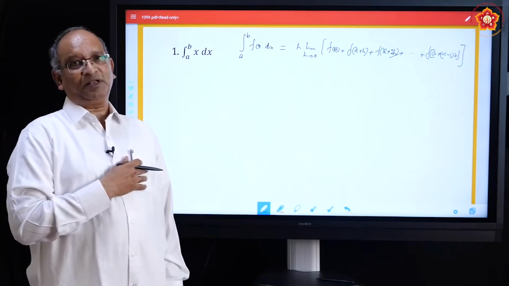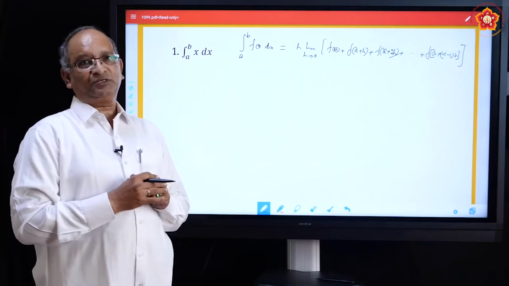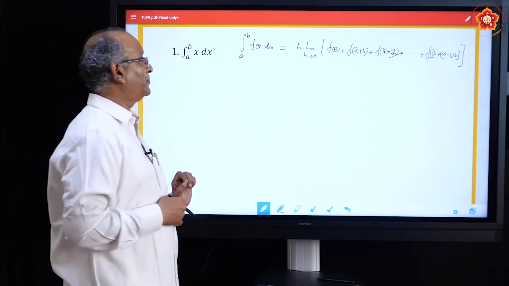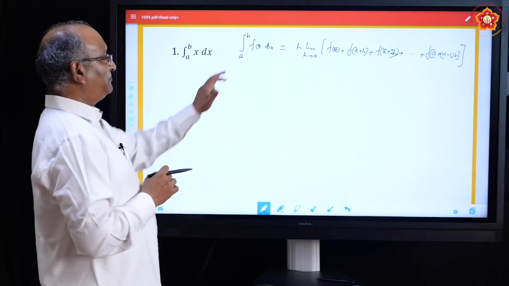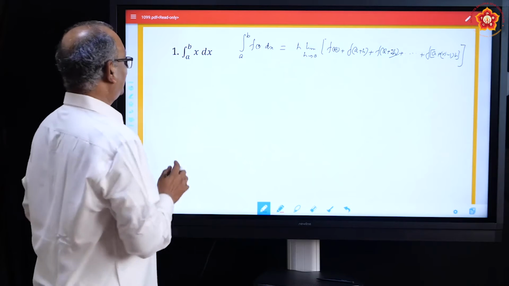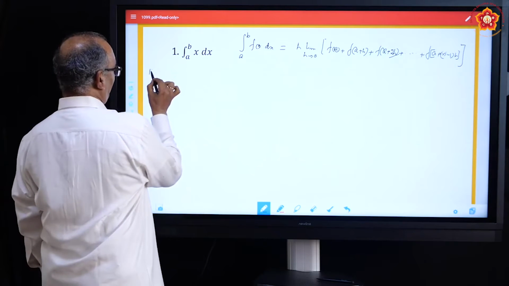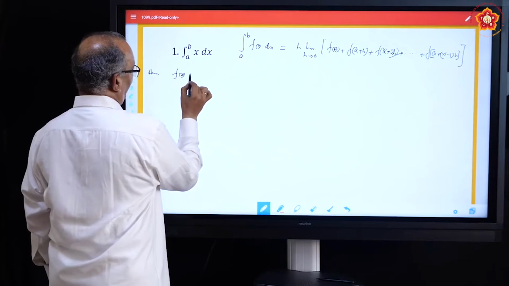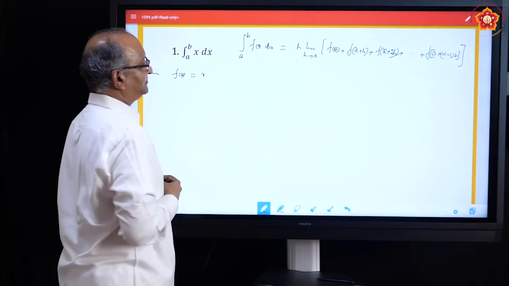This was one of the formulas where we are using h. Eventually we will change it to n. Okay. Now, in place of fx, what do we have? In place of fx, we have x. So we will say here fx equal to x.